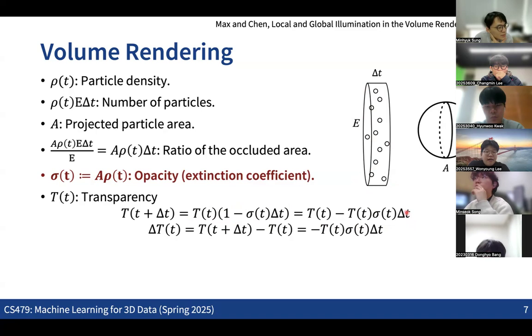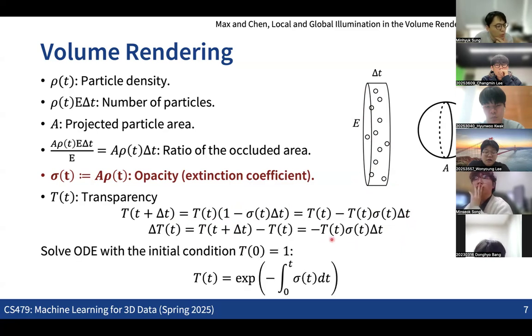So from this, what we can see is that this is an ODE formulation, in the sense that what we want is to get the function of the capital T here, right? But the function of the capital T is also defined with the gradient of the transparency function here.